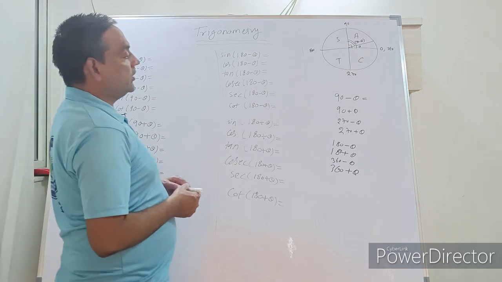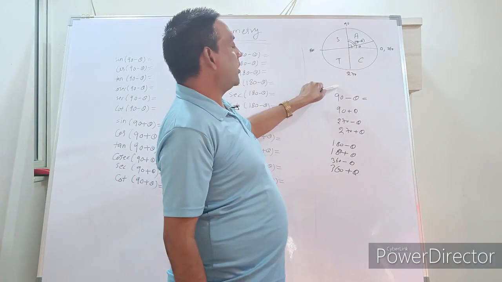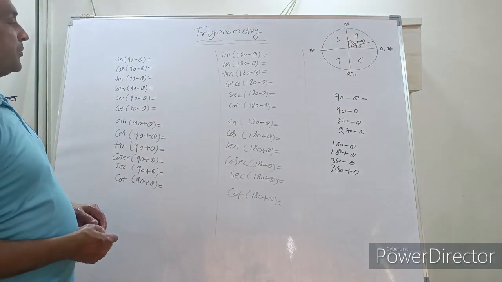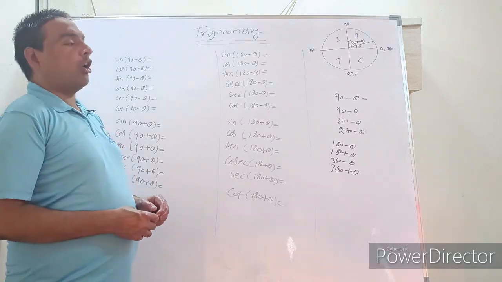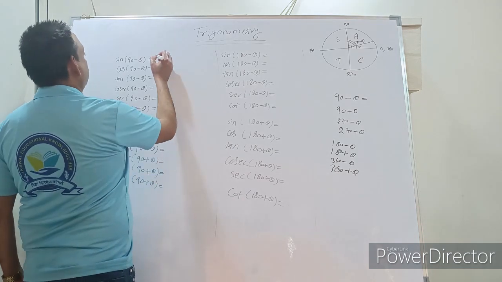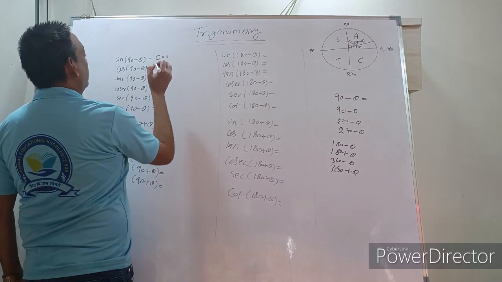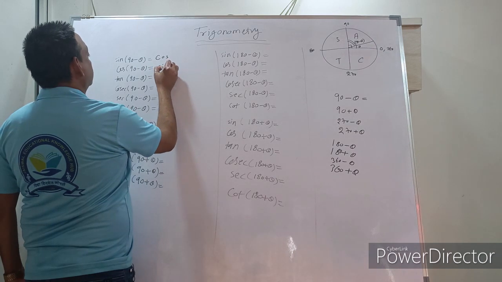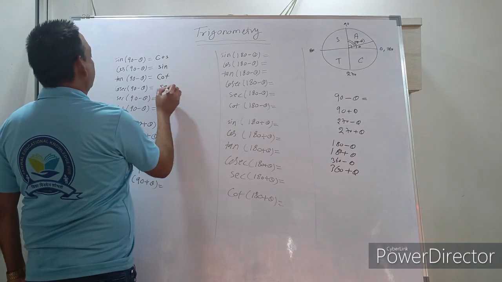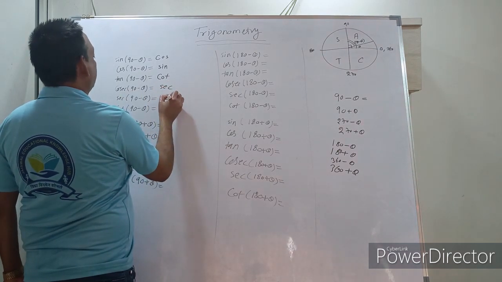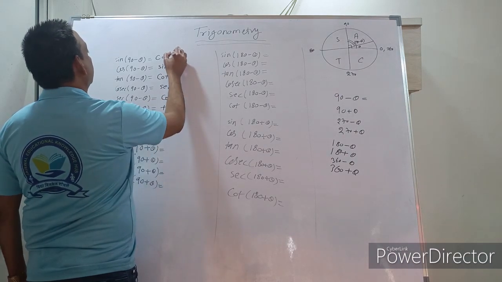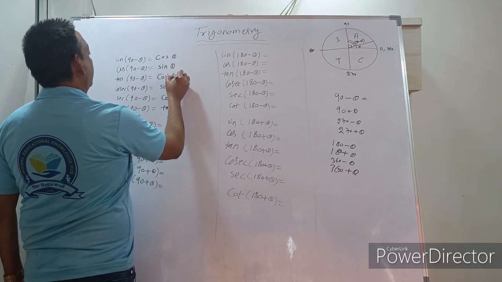Now as I told, this is an odd multiple of 90 degrees, that is 90, 270, then after that 450. They all will be odd multiples of 90 degrees. So here sine becomes cos, cos becomes sine, tan becomes cot, cosec becomes sec, sec becomes cosec, and cot becomes tan, and this will be of the given angle theta.